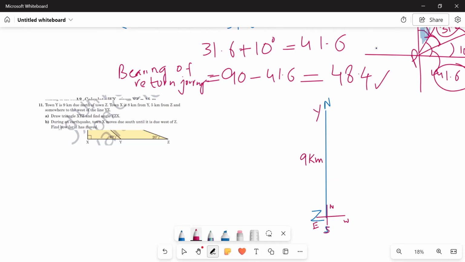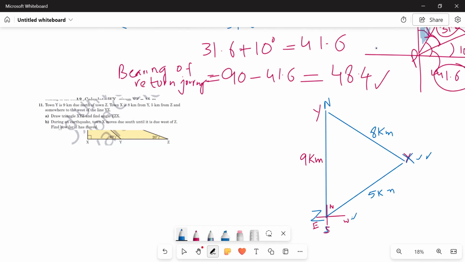Then X is 8 kilometers from Y and 5 kilometers from Z, somewhere to the west. So it means X is at the west of the line YZ.